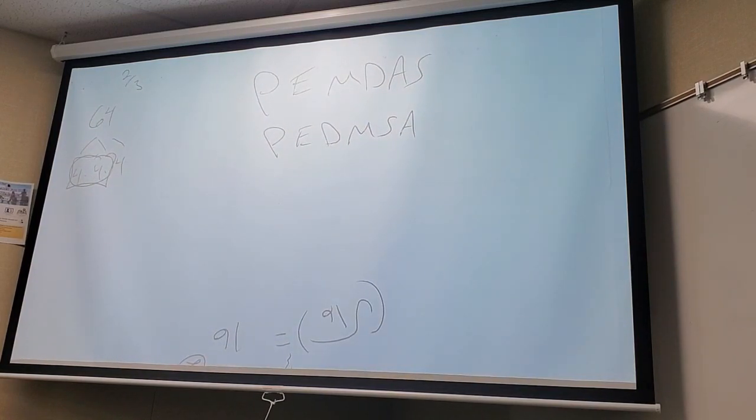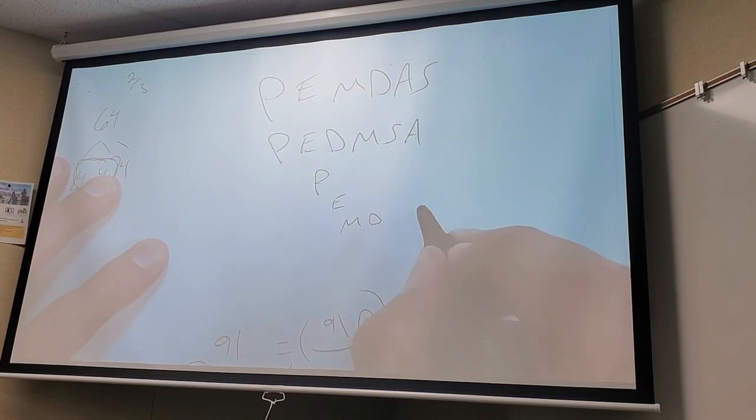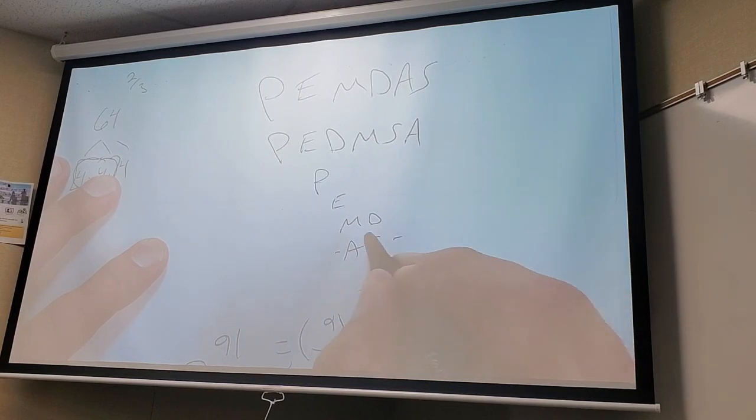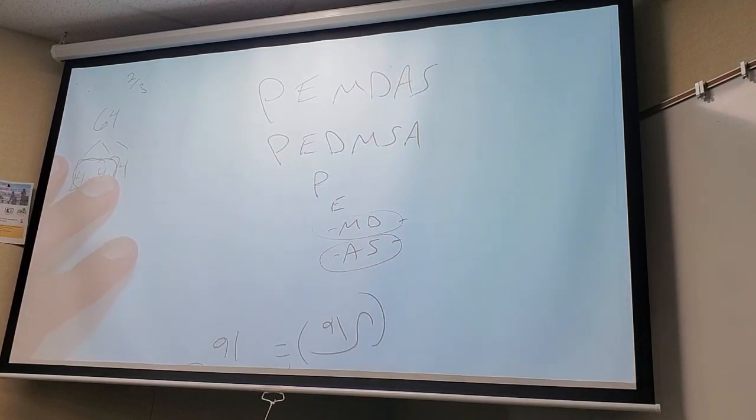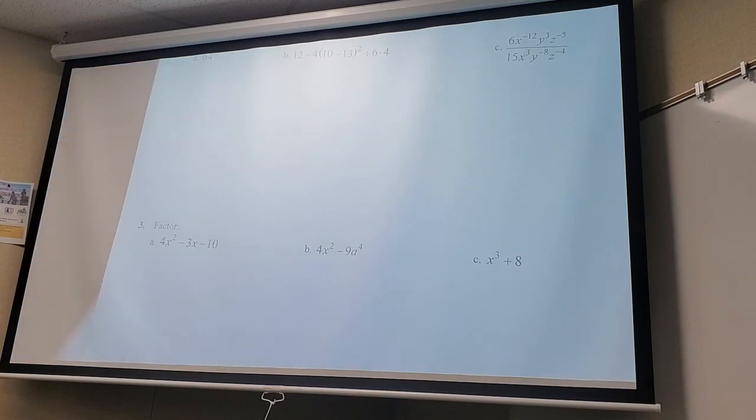So, it could have been either one because it's parentheses first, exponents next, either one of these, and then either one of these. These are on the same level. You do not multiply before you divide. You do whichever one comes first in a row. You do them as they come. You with me? So how did I do this problem?